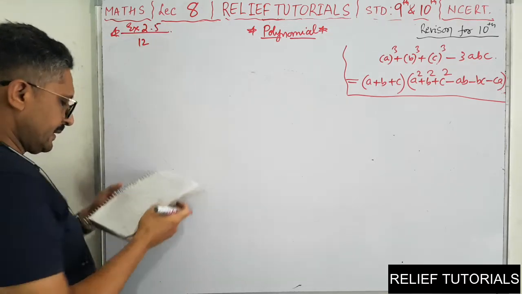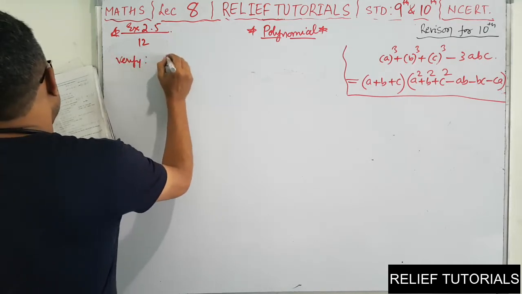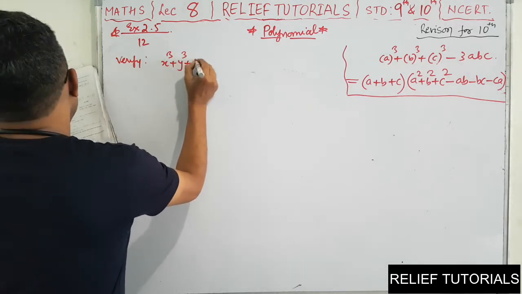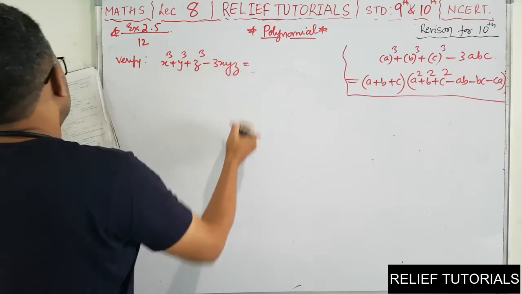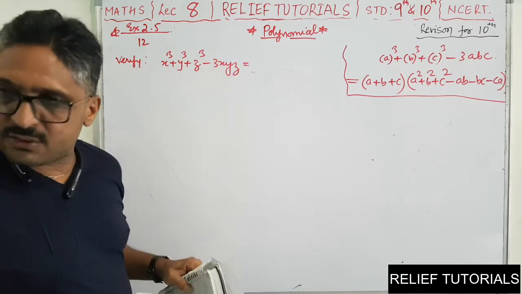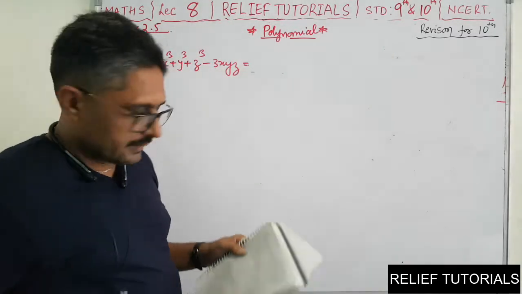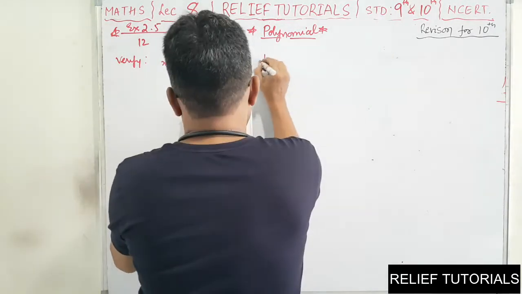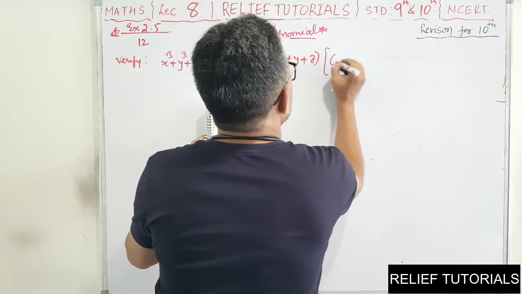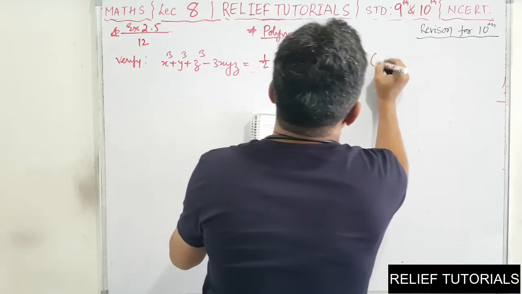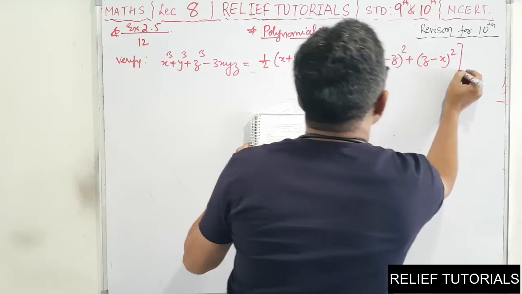What we have seen. Verify x cube plus y cube plus z cube minus 3xyz. This identity in different form is equal to half (x plus y plus z) into ((x minus y) the whole square plus (y minus z) the whole square plus (z minus x) the whole square).